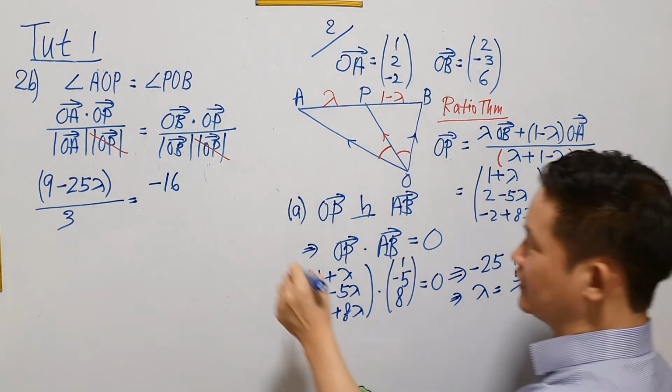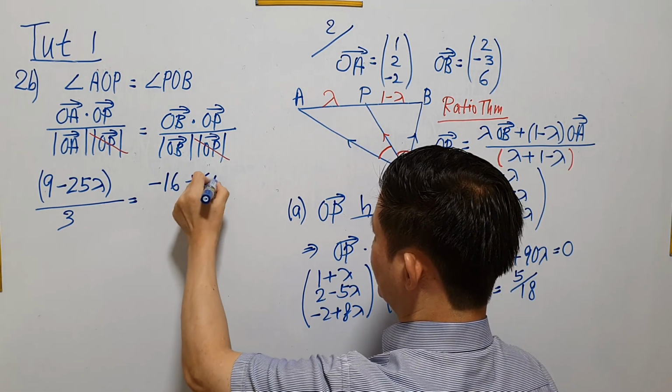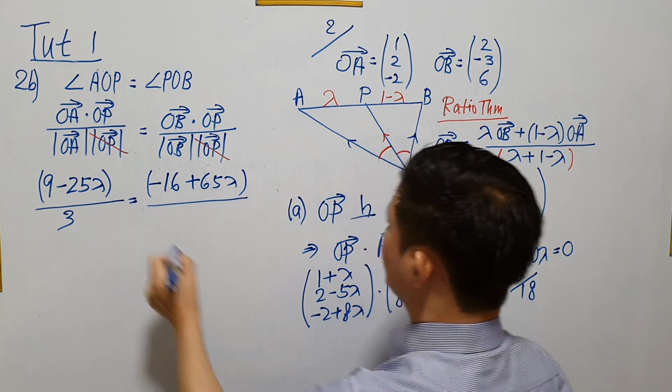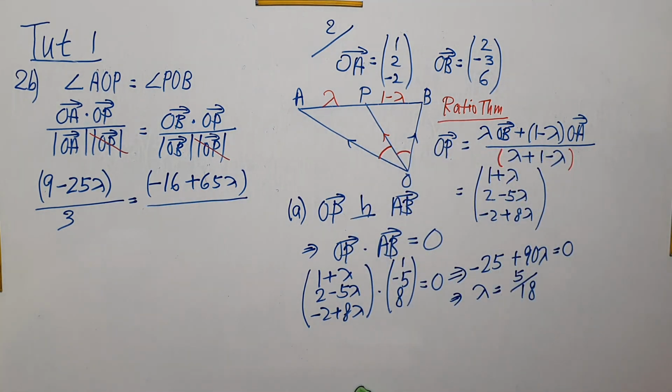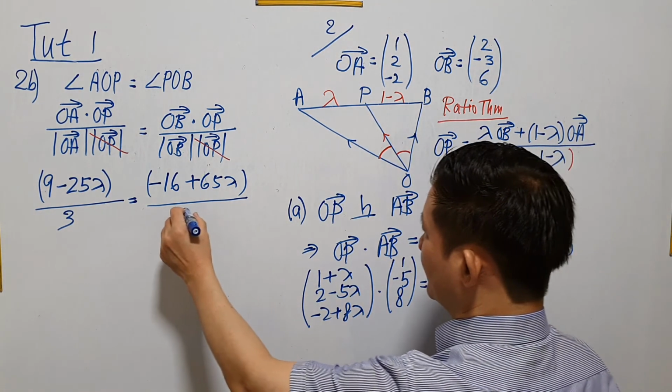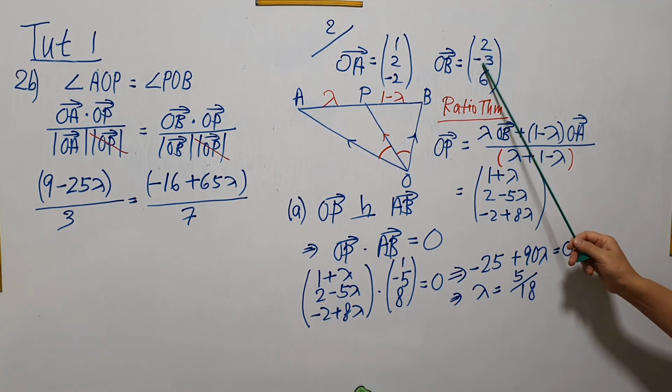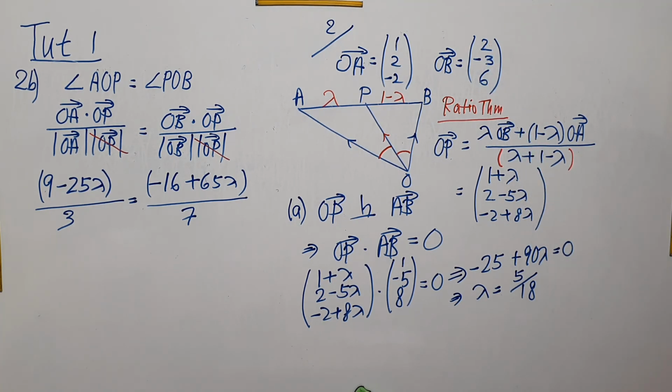So I get 65 lambda for the numerator. And then I find the magnitude of OB is 7. How do I get 7? Square, square, square added together, square rooted, so you get square root of 49.